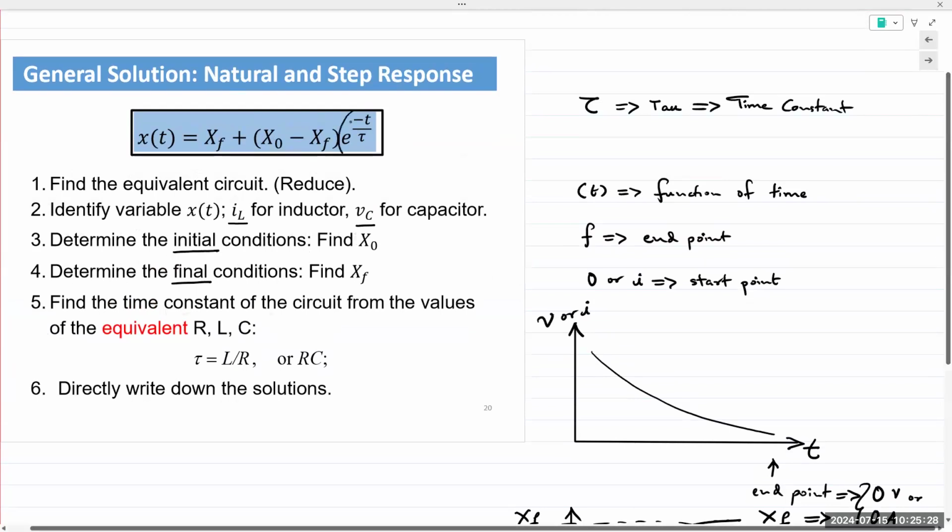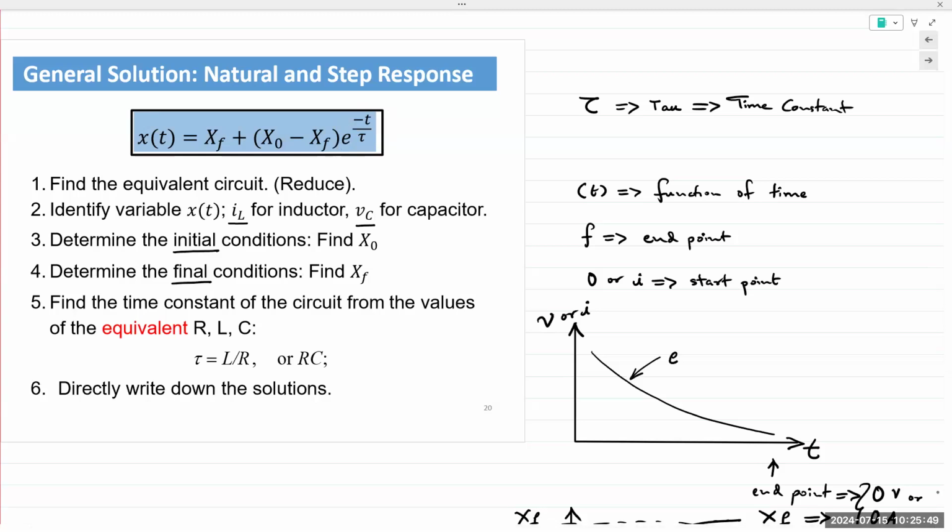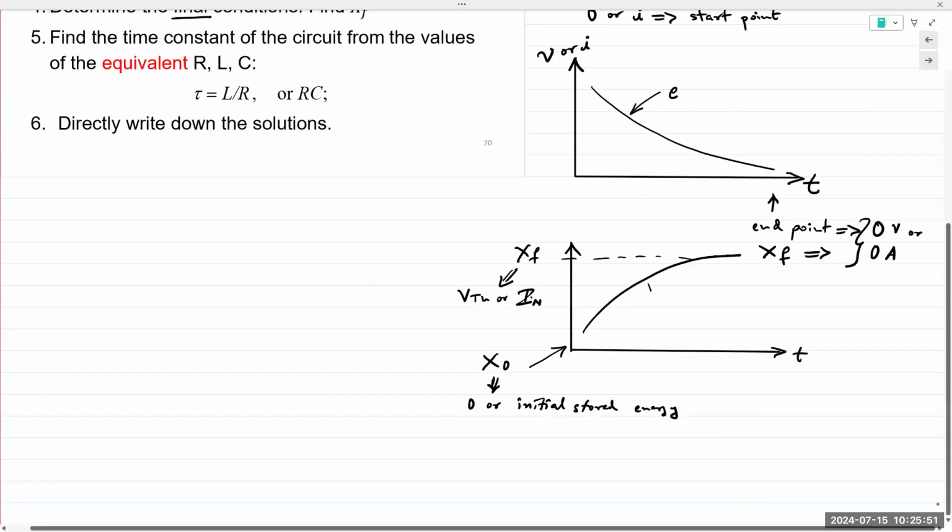Then the last quantity is e raised to minus t over tau. e is describing the exponential relationship that the voltage or current has with respect to time. You notice both these waveforms, whether it's charging or discharging, have an exponential relationship with time.